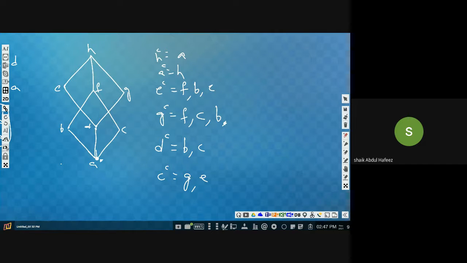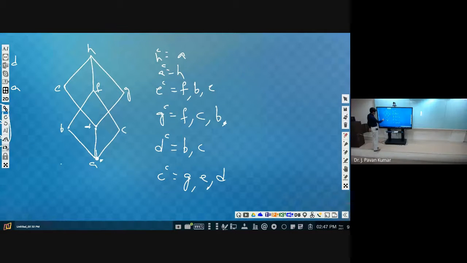D also, it is meeting here. So this is C complement. We cannot consider B, right? No. H, no. So like this, we can find the complement of an element in a lattice.